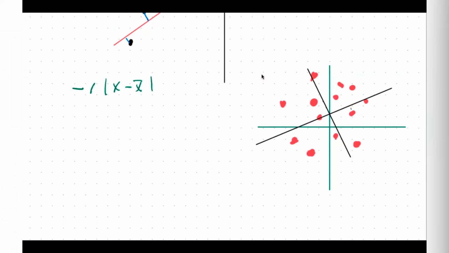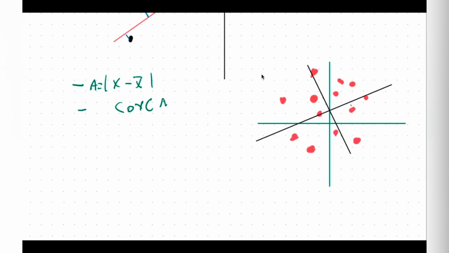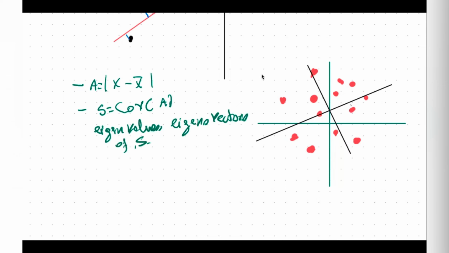Okay, so you have your matrix. The next step is to compute the covariance matrix. So you have the covariance matrix of all the rows that are in N. Okay. Yeah, so you have the covariance values of S, for example, okay? And then you compute the eigenvalues and eigenvectors of S, okay?